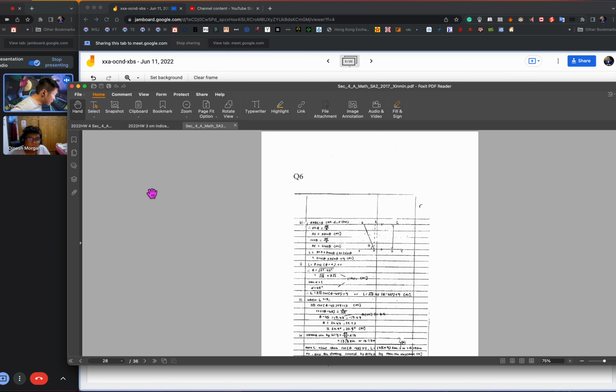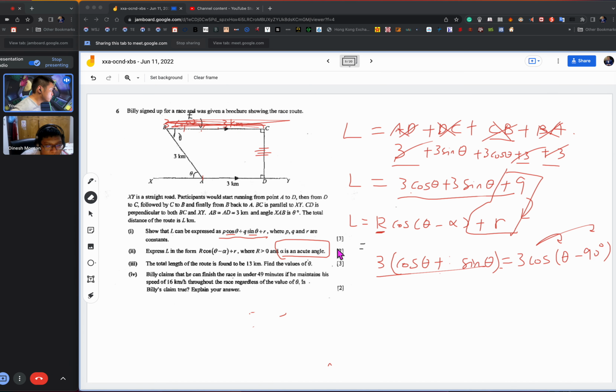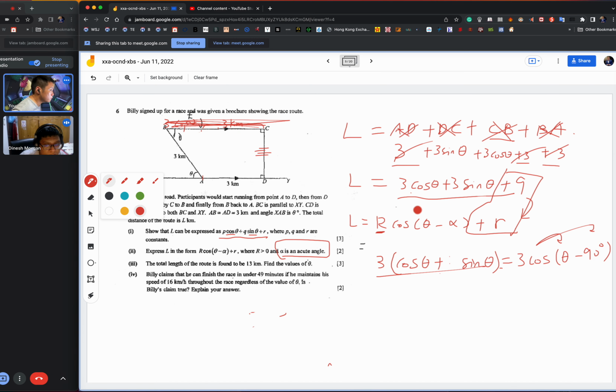What mistake did we make? No, I don't think we made a mistake in the first part, because this one looks very nice to me here. Let me use a different color. So I will say this part is very nice.